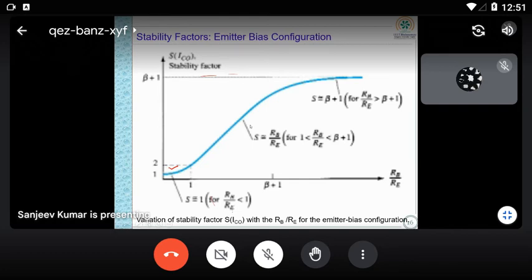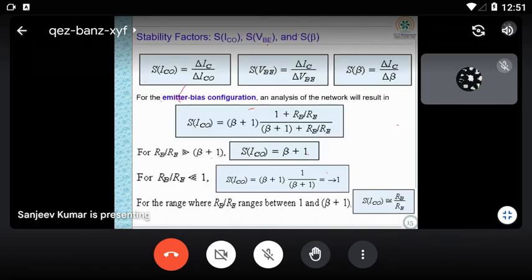Okay, here you don't have to mug up the equation. In most practical cases, RB by RE is greater than beta plus 1. At that time, stability will be beta plus 1. If the beta value is 100, then your stability factor will be 100 plus 1. That's why RB is always considered a high value.